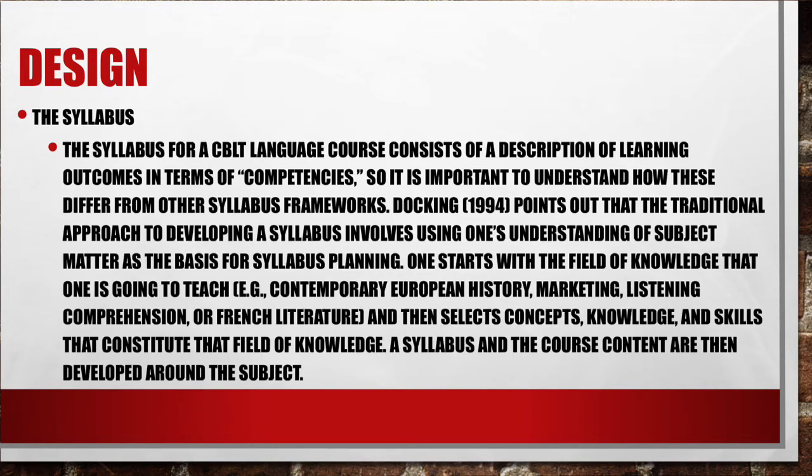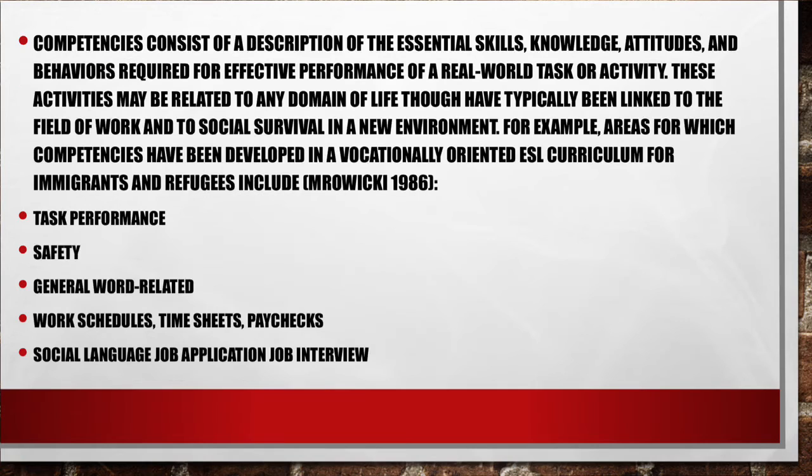One starts with a field of knowledge that one is going to teach. Examples given: contemporary European history, marketing, listening comprehension, or French literature. And then selects concepts, knowledge, and skills that constitute the field of knowledge. A syllabus and the course content are then developed around the subject.